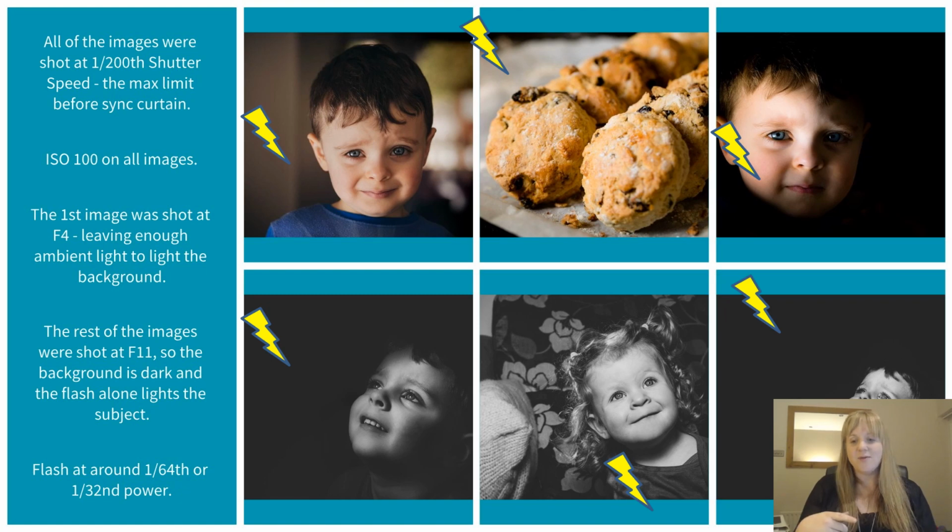And also my speed light flash modifiers, between my MagSphere and my MagBounce. Those are the main things that I use to really diffuse that light and make my job a hell of a lot easier, because I don't need to stress about what environment I'm going into and how I am going to control my light, because I've got it covered.